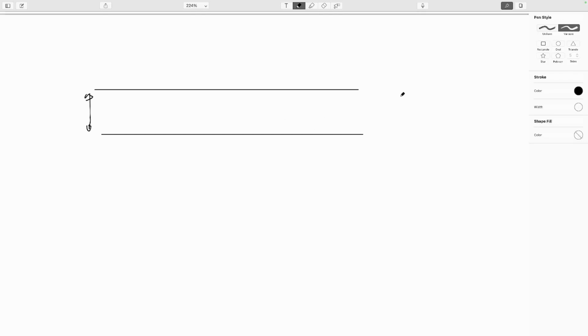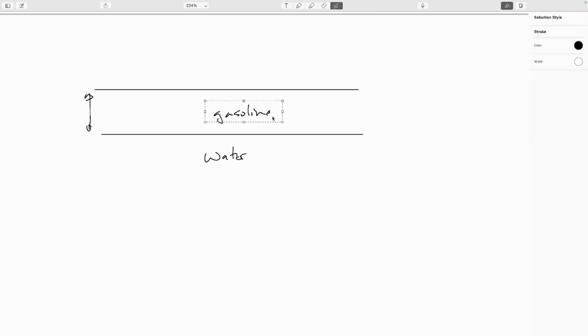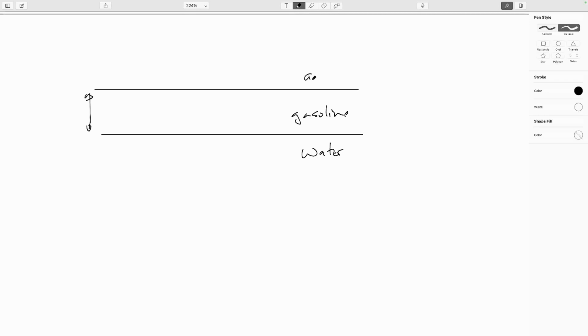you'll have water here. And we'll just say gasoline here. Could be diesel, could be oil, whatever. And it's going to work out to be all about the same thing. Let's move that there. And at the top, we'll have air.